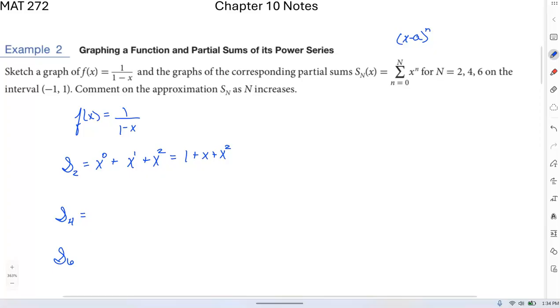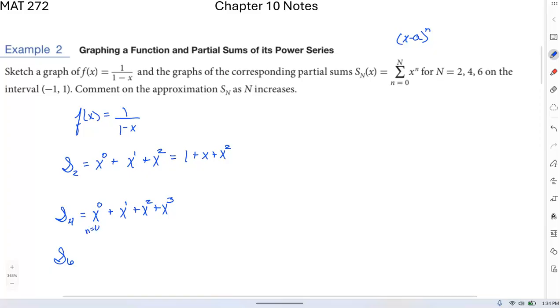That's a quadratic. If we want S4, that's the first 4 terms for the partial sum: x to the 0 plus x to the first plus x to the second plus x to the third.